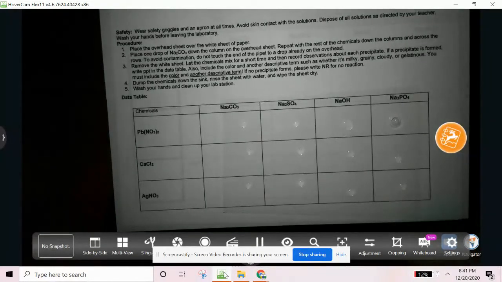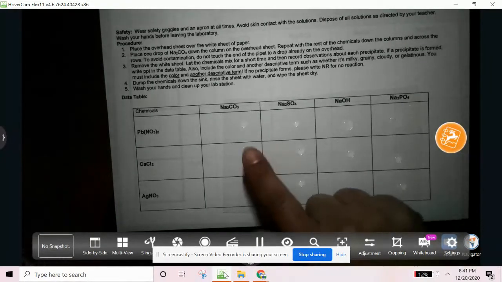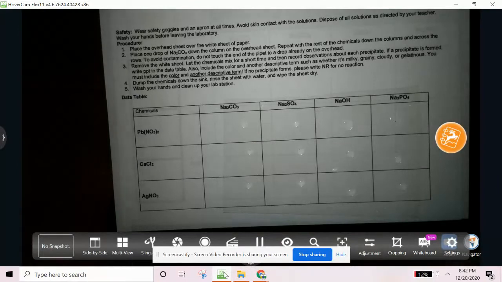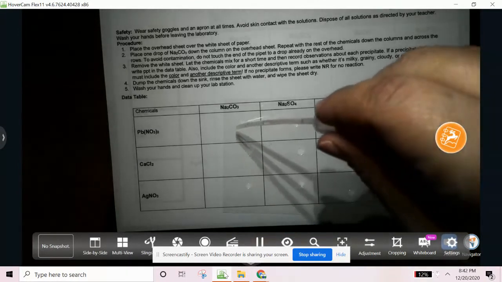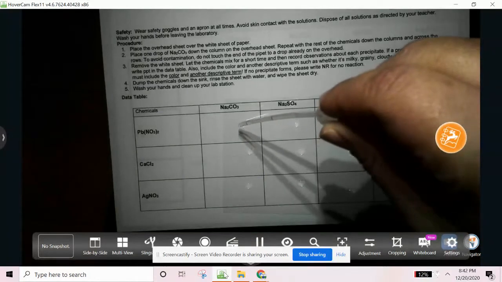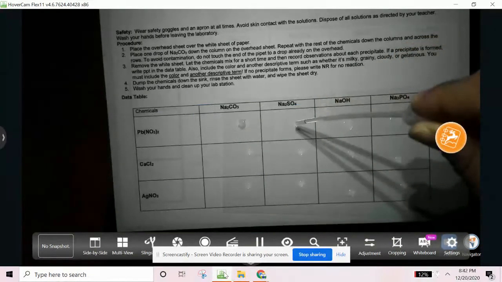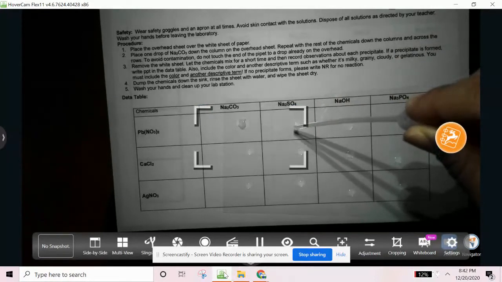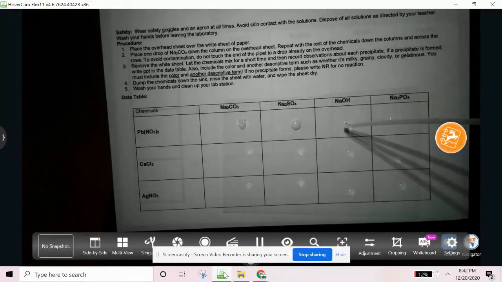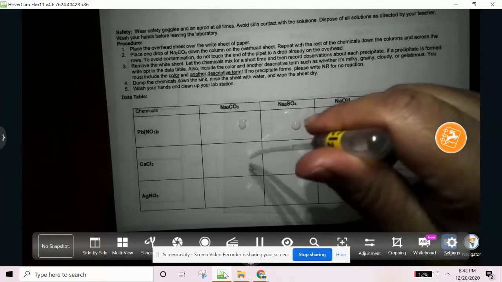And now I'm going to add the chemicals going across. So I have lead 2 nitrate, now I have calcium chloride.